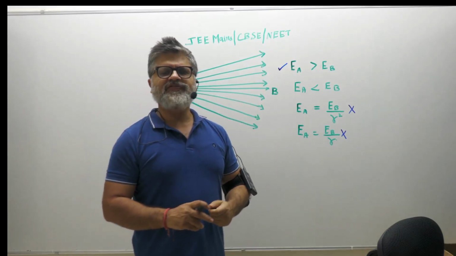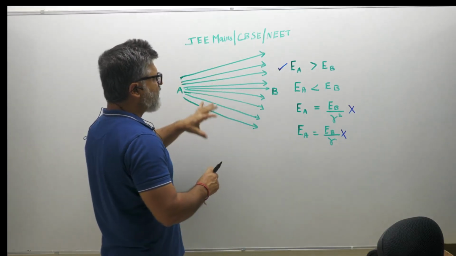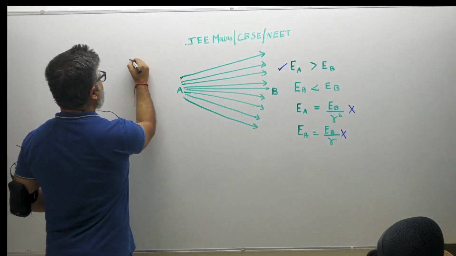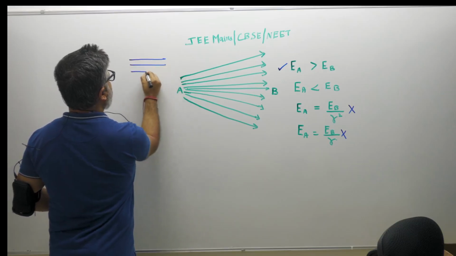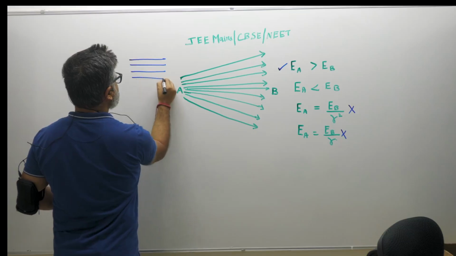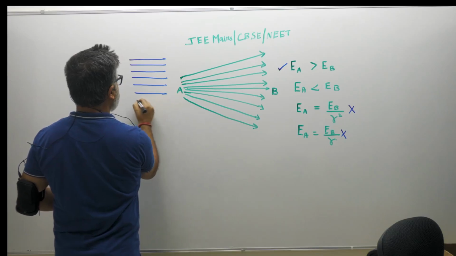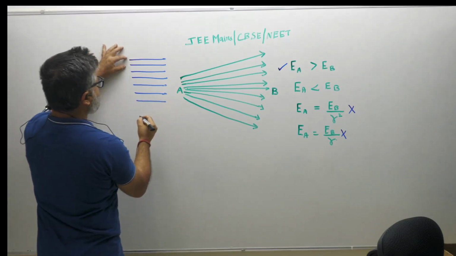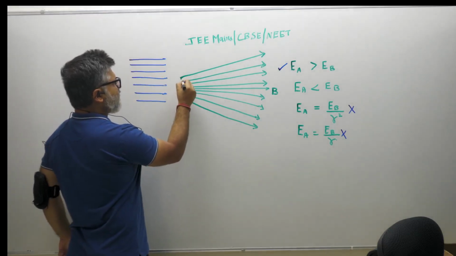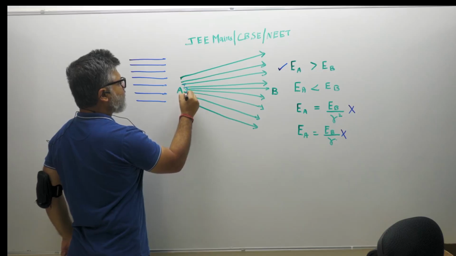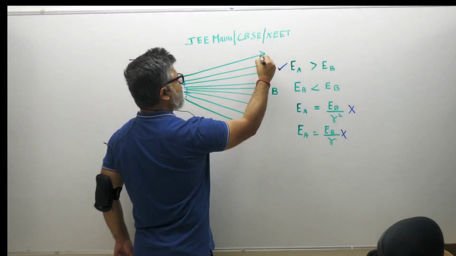Now, with the help of the knowledge of non-uniform field, this was non-uniform because I knew that a uniform field generally would look like this: equally spaced, equidistant field lines. But the moment you make a field like this, where the distance between the field lines here, for example, is wide, look at the difference between the field lines.